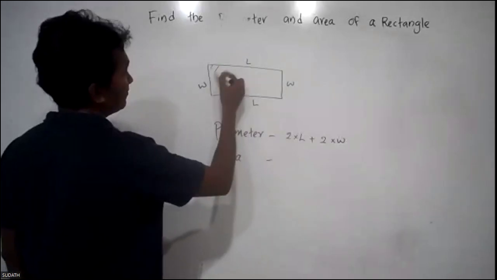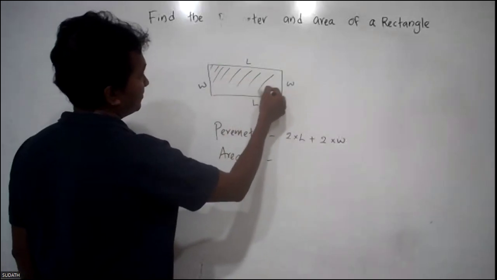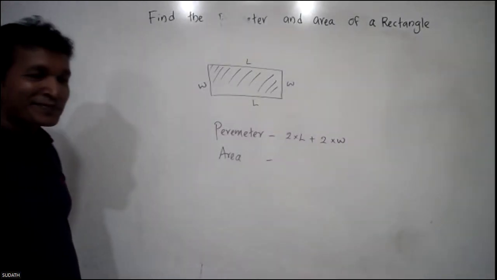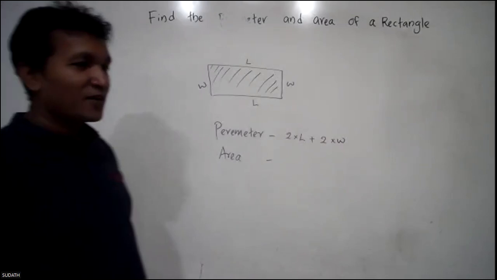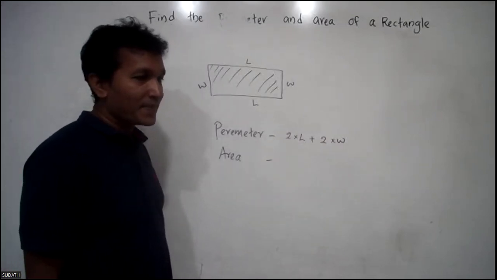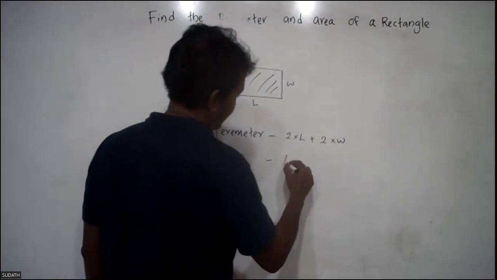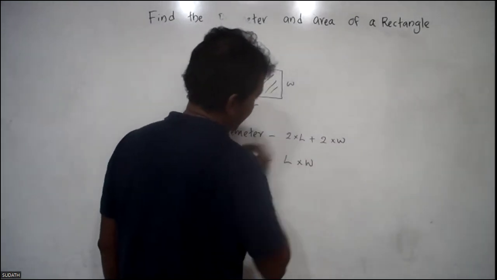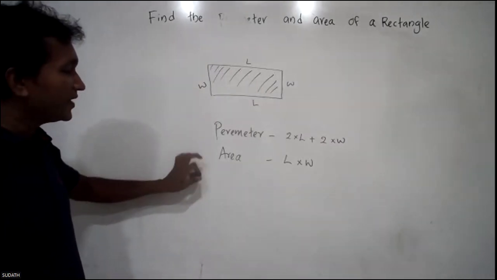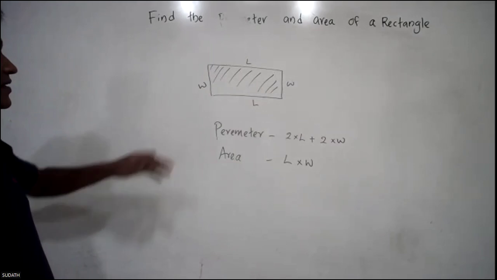How do we find the area? Length multiplied by width. Yes, length multiplied by width. That is how we find the area, right?